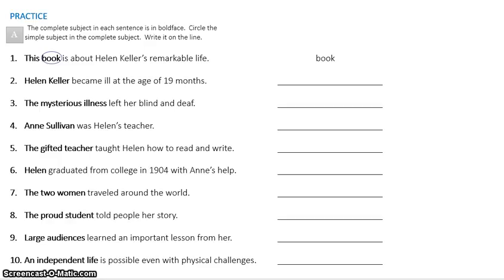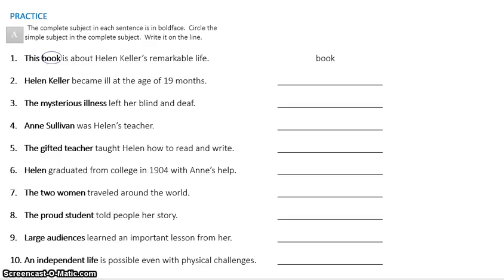All right. Let's take a look at number 2. They've taken that sentence and they've divided it into 2 parts. They've divided it into complete subject and complete predicate. They have boldfaced or darkened the complete subject for you. Now, I'm looking for simple subject. All right. So, Helen Keller is the complete subject.